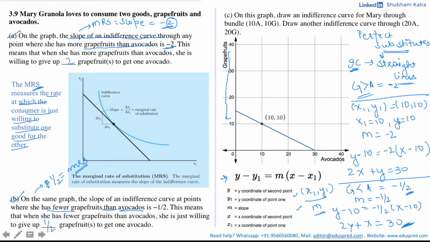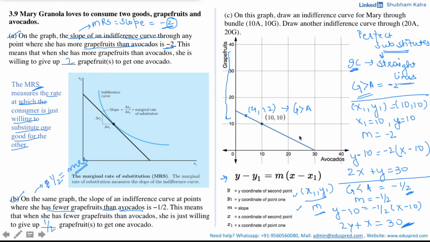So let's figure out which section of the line belongs to the region where grapefruits are less than avocados. Consider this point. Here avocados would be approximately 4 and your grapefruits are approximately 12, which implies your grapefruits are greater than avocados. Hence, this section of the line will not belong to your indifference curve.